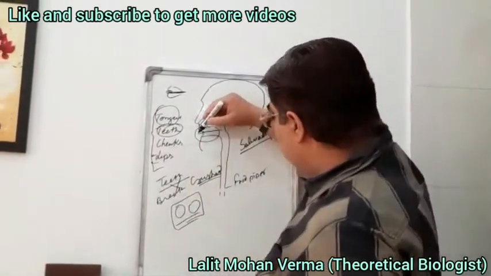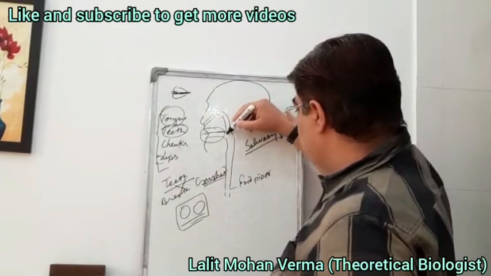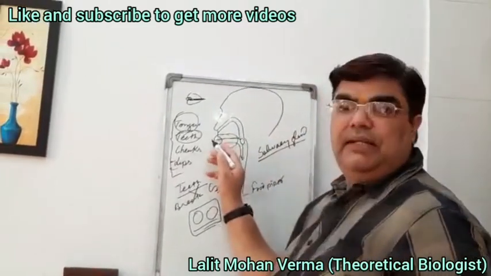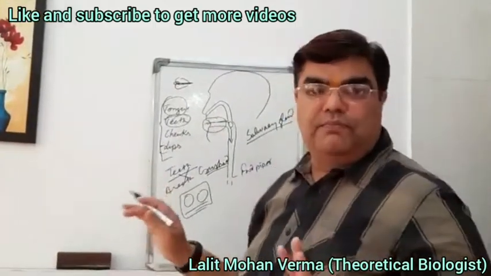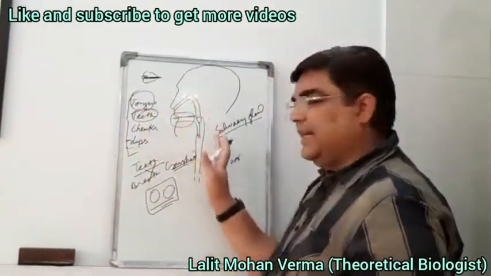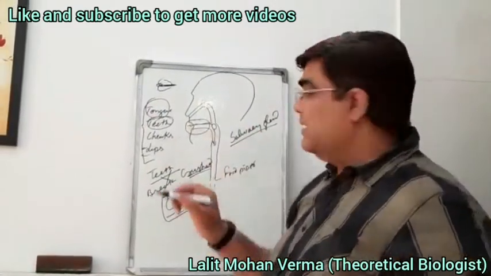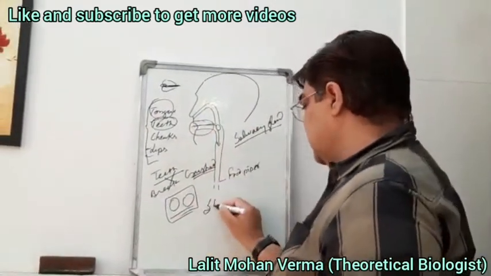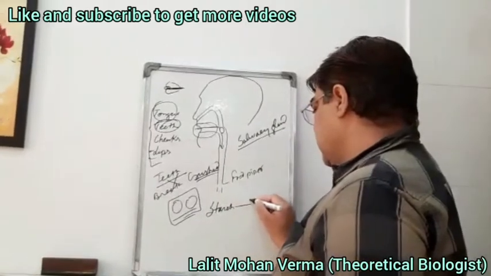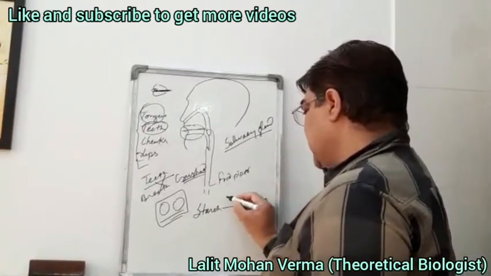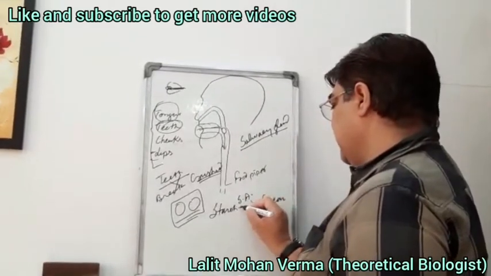And this bolus moves from this side to this. So from the oral cavity, food in the form of bolus moves inside. And one thing to be very clear is that some starch is converted into sugar with the help of salivary amylase.